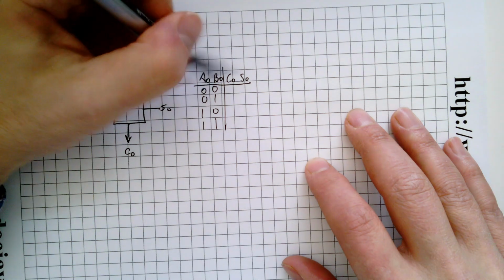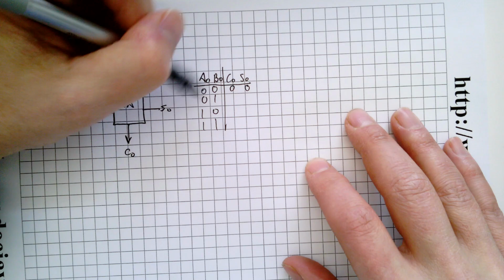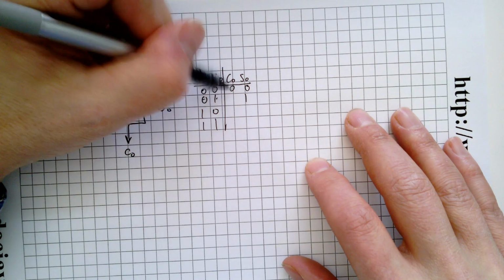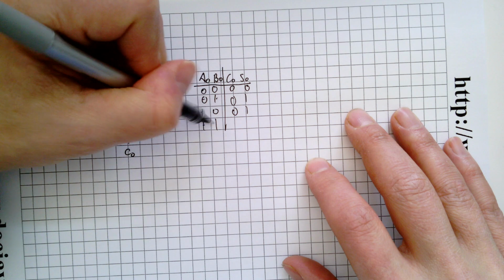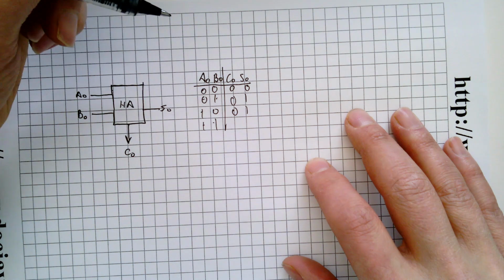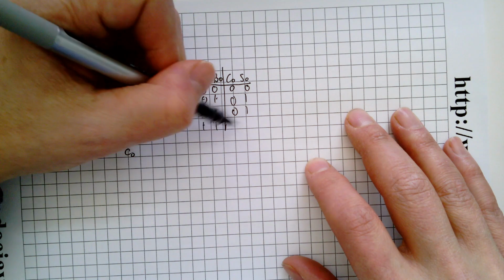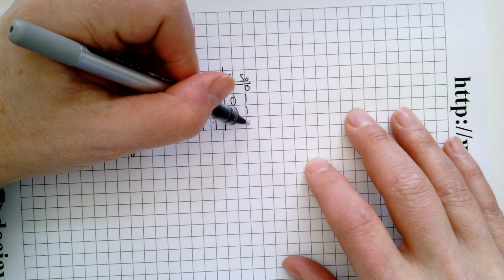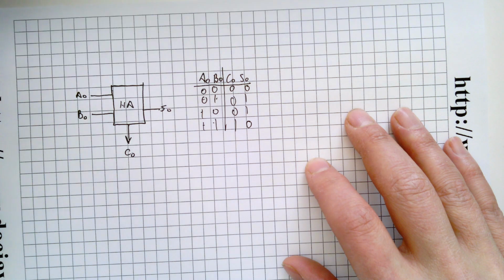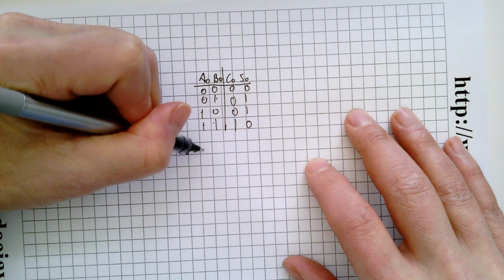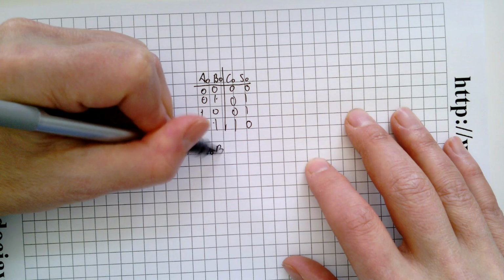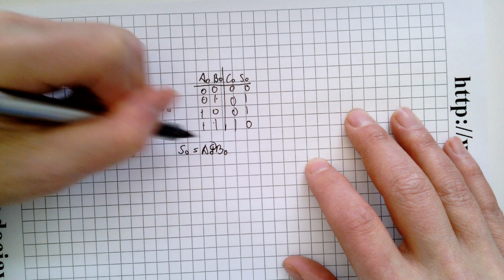0 plus 0 is 0. 0 plus 1, 1, no carry. 1, no carry. 1 plus 1 is equal to 0 carry 1. So S0 is equal to A0, B0, exclusive OR.